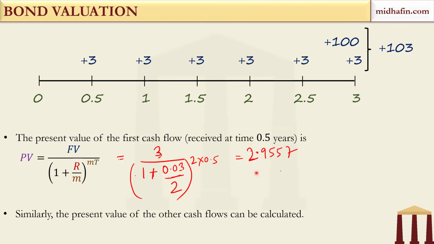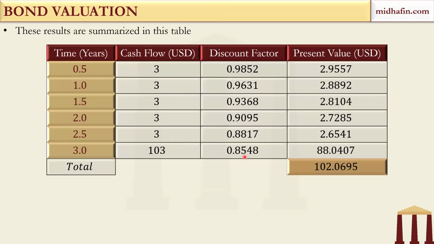Now, once you calculate it for all the cash flows, you can see these are all the cash flows. If you add all these present values, this number 102.0695 is the present value of the bond. So this is how you value a bond. And these are the respective discount factors, of course.